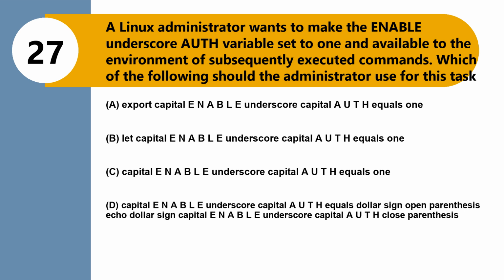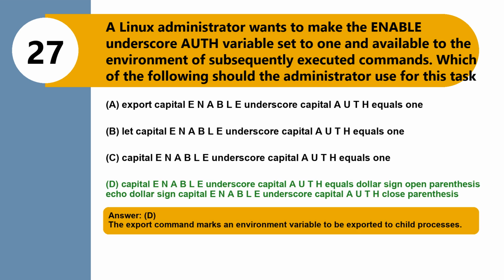Option D, $enable_auth=$(echo $enable_auth). The correct answer is option D, $enable_auth=$(echo $enable_auth). The export command marks an environment variable to be exported to child processes.